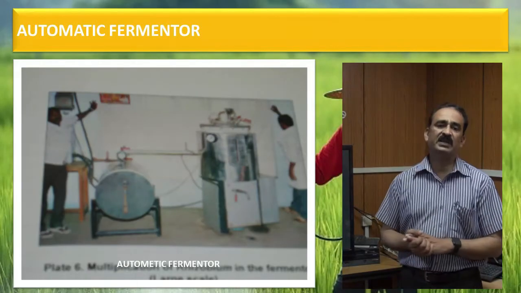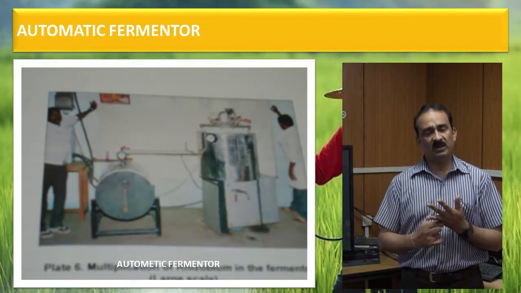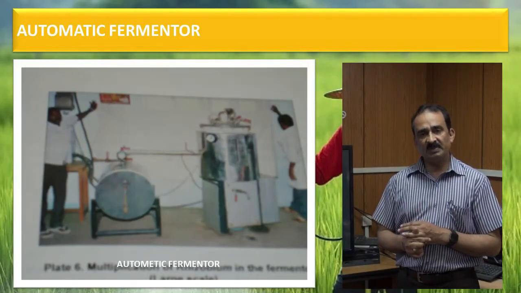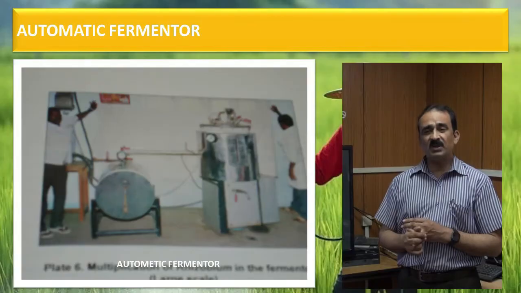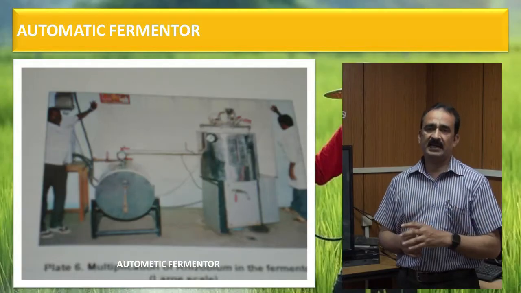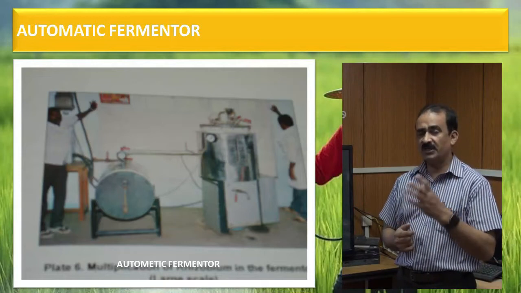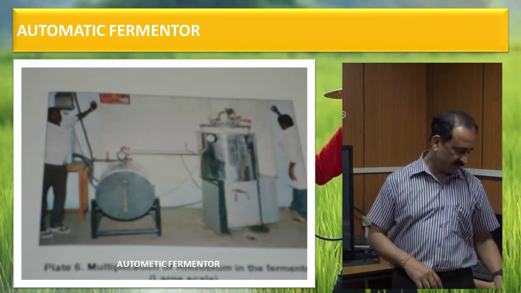It provides aseptic conditions for the microbes, provides the desired oxygen, maintains the pH, and reduces the chances of contamination. In manual multiplication, contamination chances are more than in this fermenter.